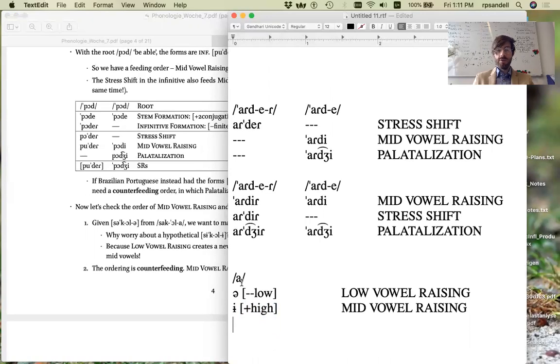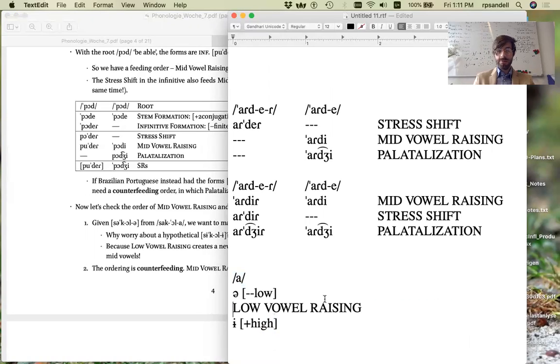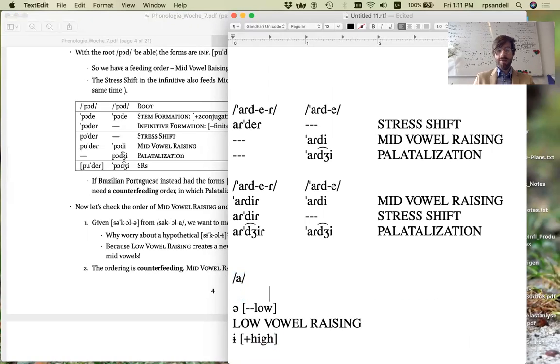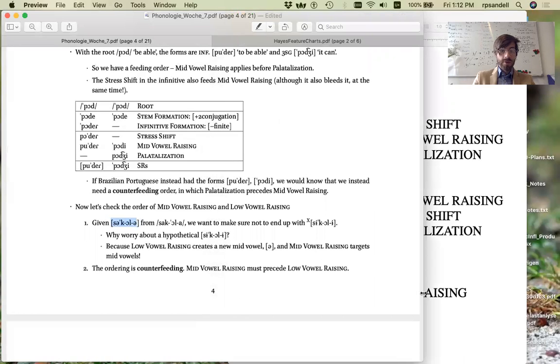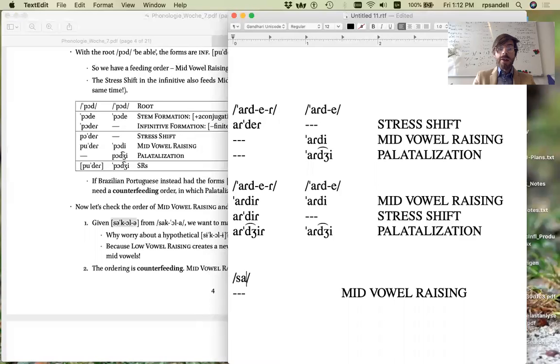That is, in order to ensure that we never derive a high central vowel ɨ from an underlying a, we require the rule ordering first mid vowel raising and then low vowel raising. So if mid vowel raising tries to apply first to an underlying a, as in, let's actually use the example that I've given here, this word, sacole, that word will have two underlying a vowels.